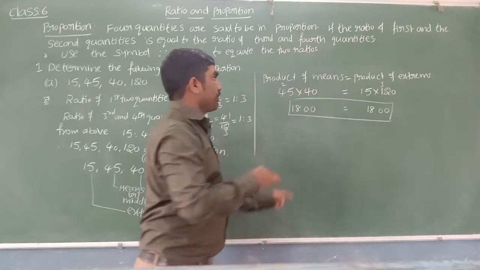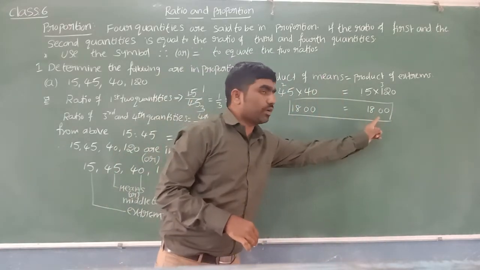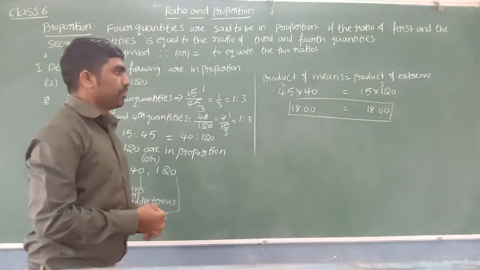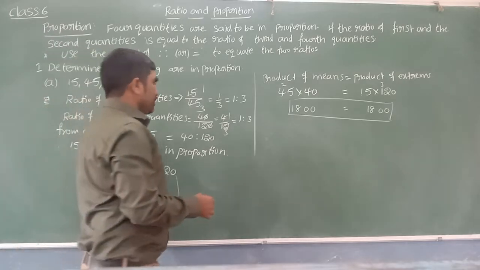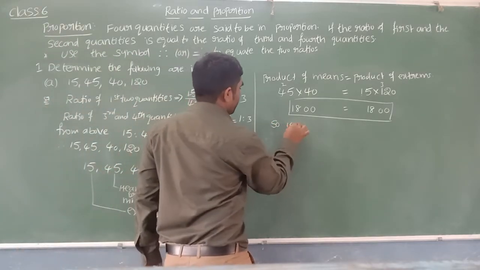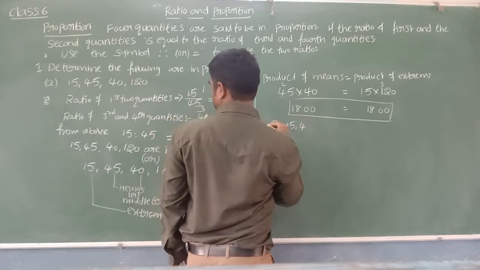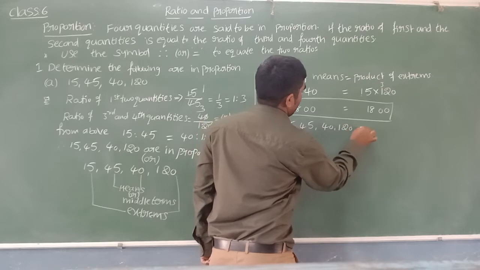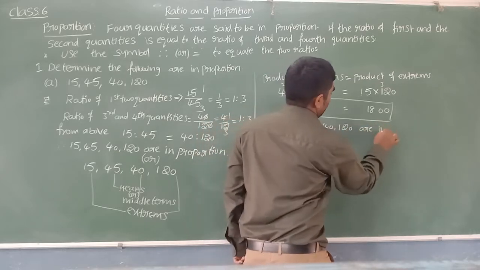Yes, we got the product of means equal to the product of extremes. Both are equal. So the given four quantities are in proportion. In case they are not equal, not proportion. So 15, 45, 40, 120 are in proportion.